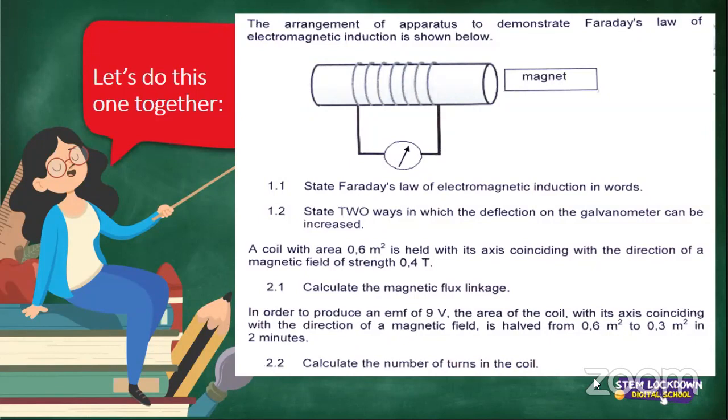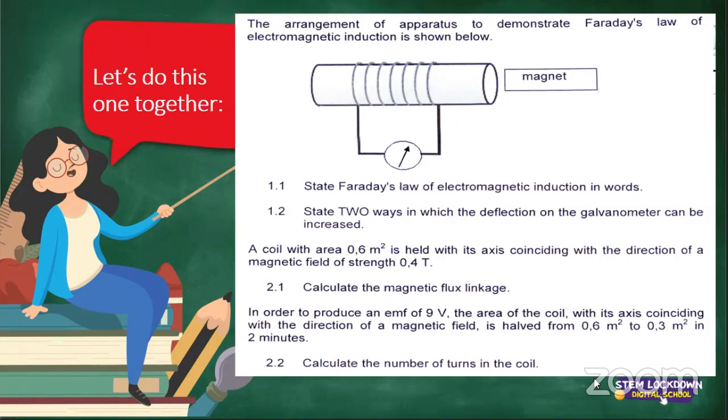And then in order to produce 9 volts, the area of the coil with its axis coinciding with the direction of the magnetic field is halved from 0.6 square meters to 0.3 square meters in 2 minutes. Calculate the number of turns in the coil.